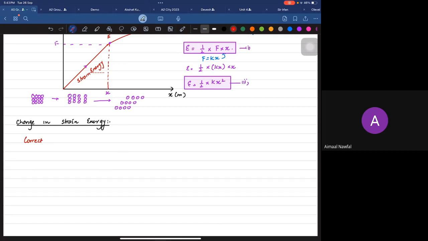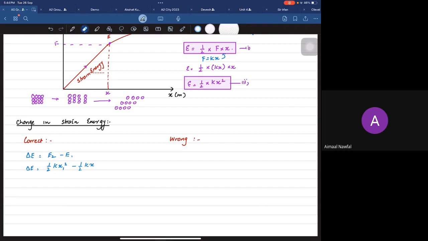There is a correct way and a wrong way. I don't want you to follow the wrong way. The correct way is that the change in energy must be taken by subtracting energy 2 minus energy 1. So when you write the formula, it would give you half k x2 square minus half k x1 square.